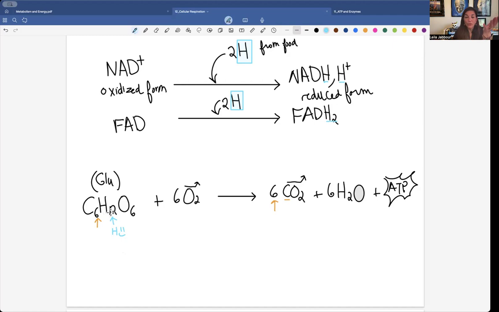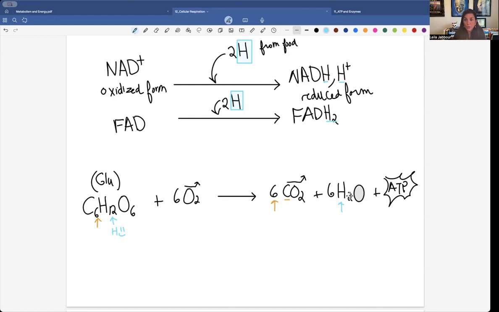They come from the sugar. The hydrogen are going to be used for making the electron transporters. So, and here they are, right? So those 12 hydrogen, they're here. So 6 times 2 is equal to 12.